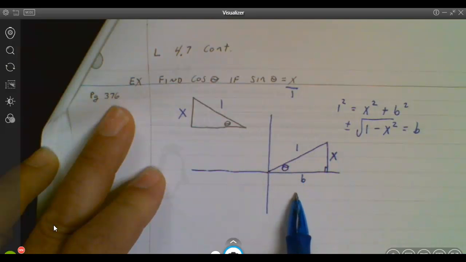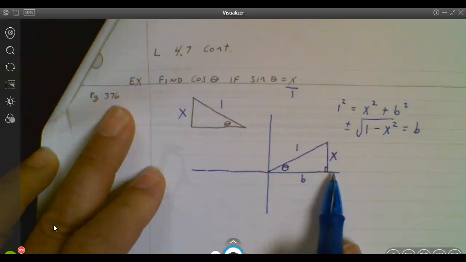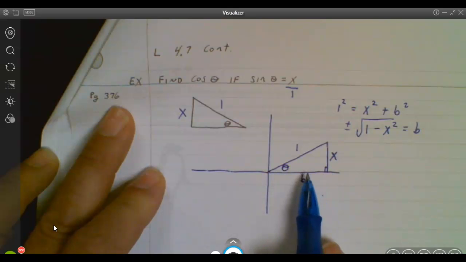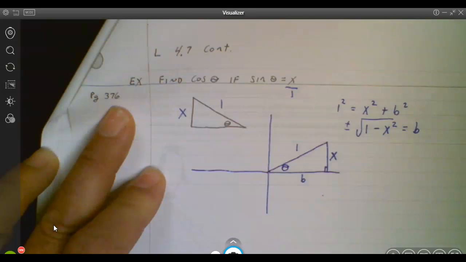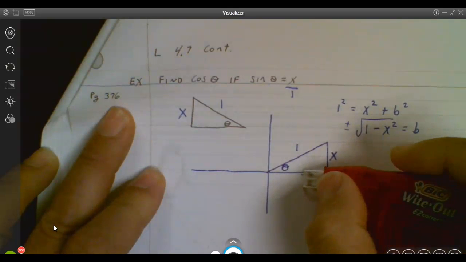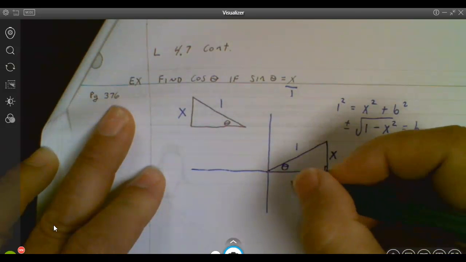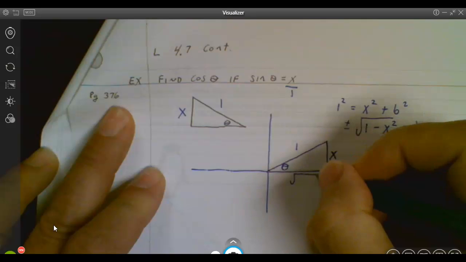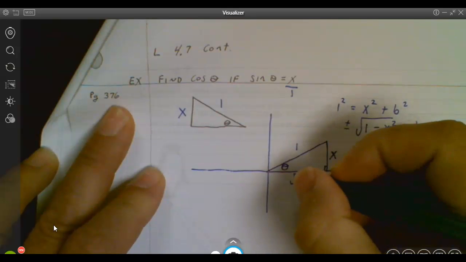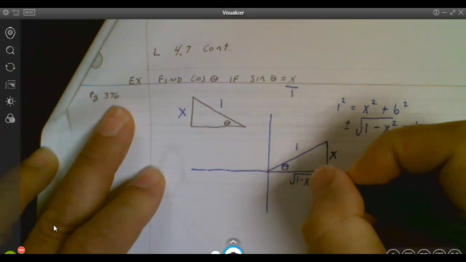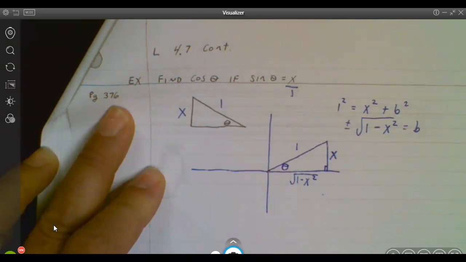If I drew it in quadrant 4, I would be going right and down. But in either scenario, I'm going to the right. So this has to be a positive value. So we can exclude the negative option on this and just call this the positive square root of 1 minus x squared. So that it looks like this.